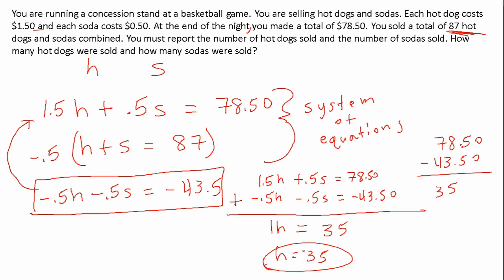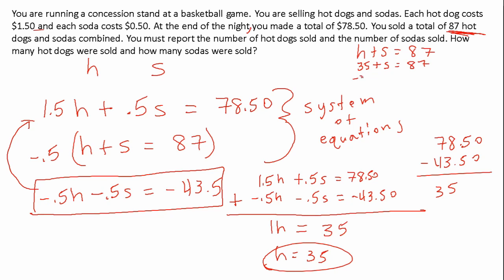To figure out how many sodas were sold, we're going to use this equation, H plus S equals 87. Again, we know how many hot dogs were sold. We solved that down here. It's 35. So we're going to plug that in right here. 35 plus S equals 87.